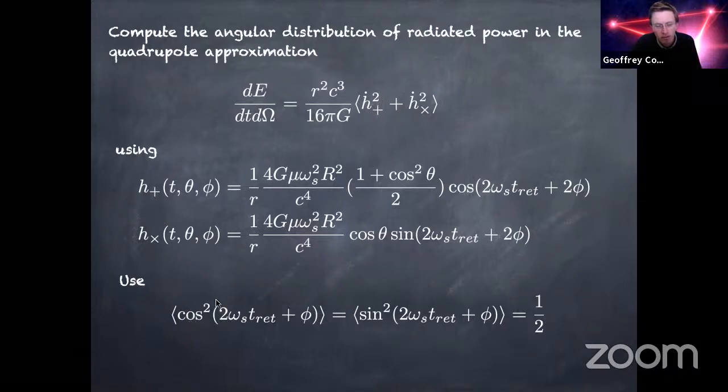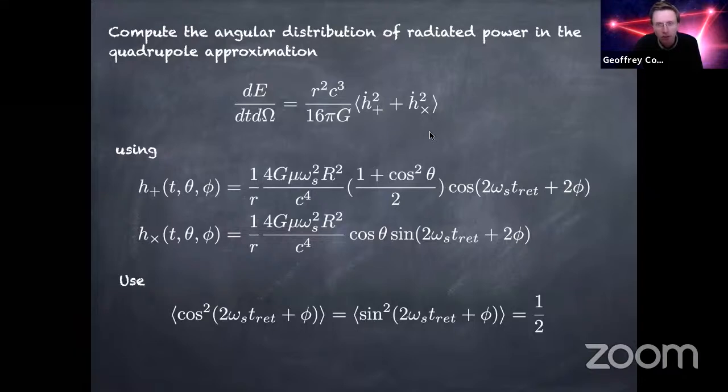You simply take the trigonometric formula. So cos squared is 1/2 plus a cos, minus a cos 2 times the frequency. And if you average over the frequencies, the cos has an average 0, but the 1/2 remains.